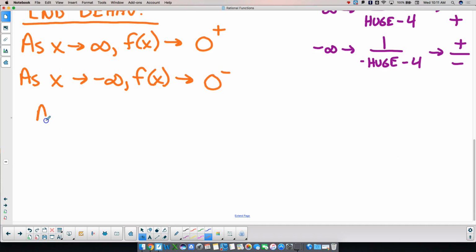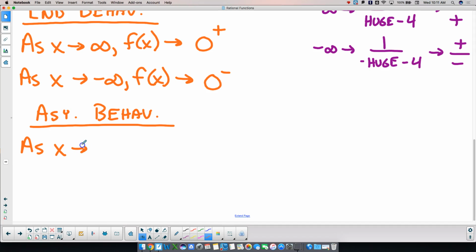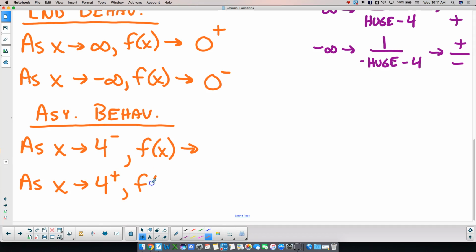Now we can talk asymptotal behavior. As x approaches 4 from the left, what is my function doing? And as x approaches 4 from the right, what is my function doing?